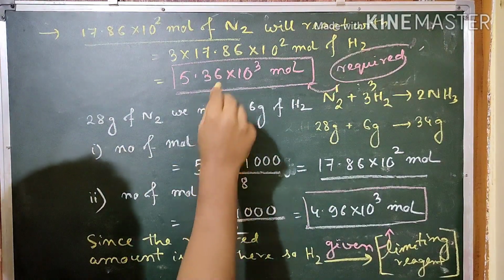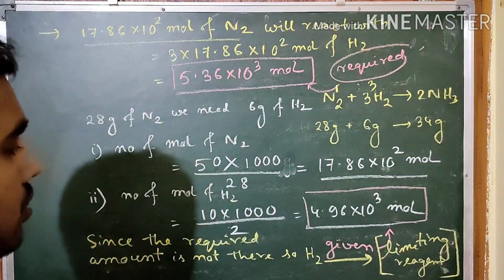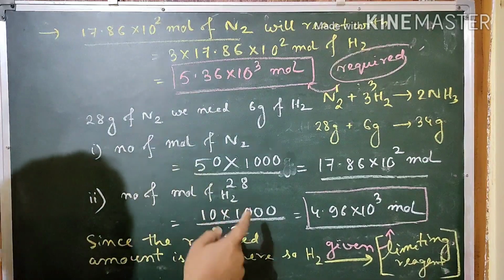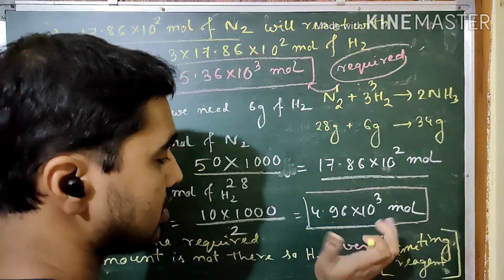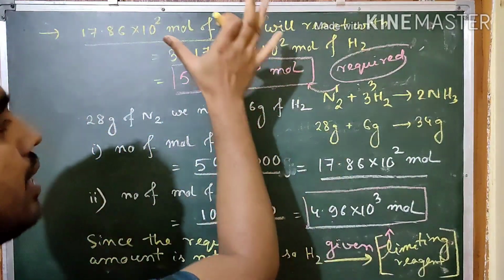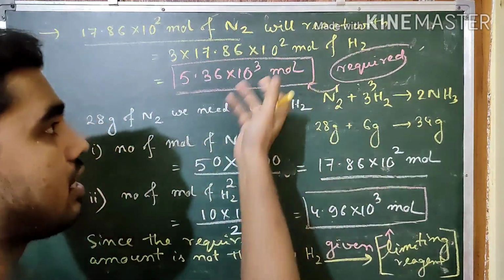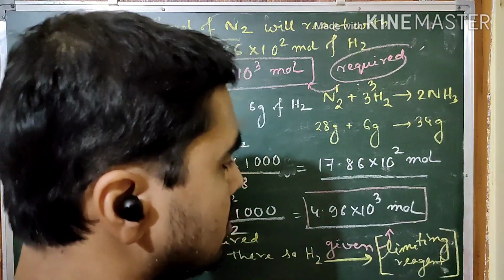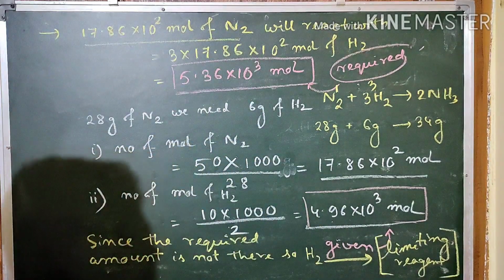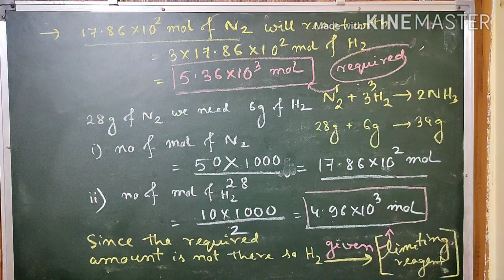That is the required amount of hydrogen, but the actual amount of hydrogen according to the calculation is this much. So the given amount is lesser than the required amount, and it will be finished first. That is why it is called the limiting reagent in this type of problem.